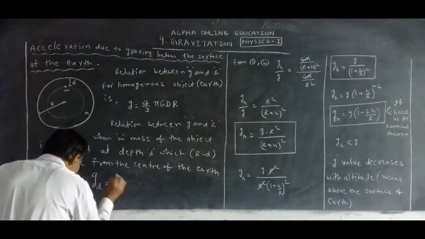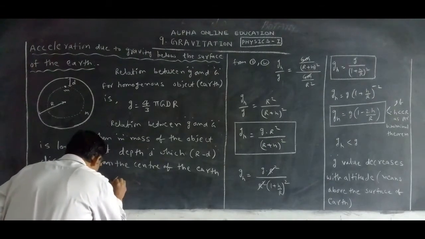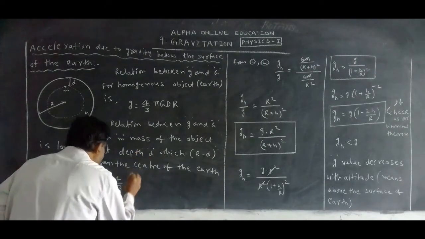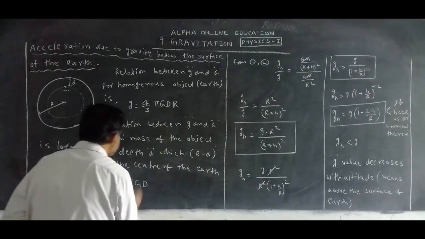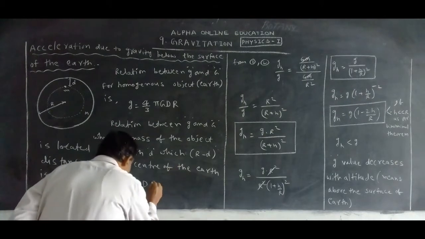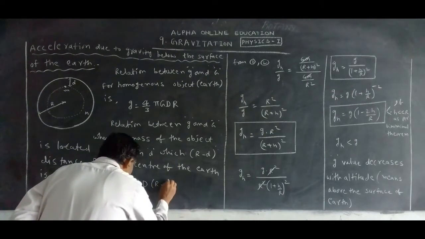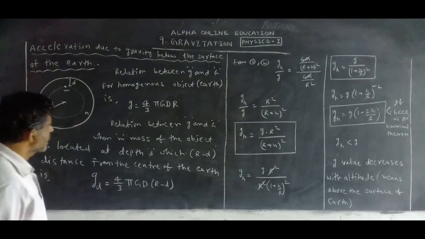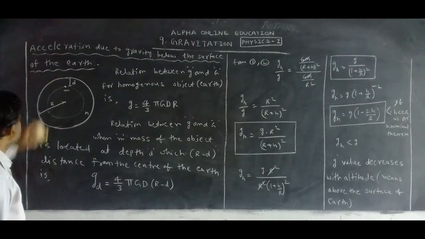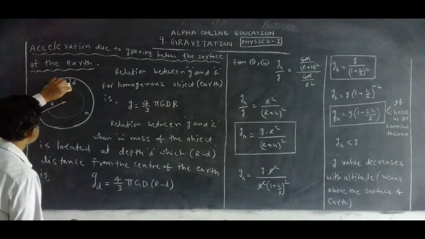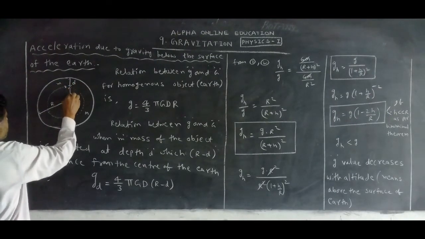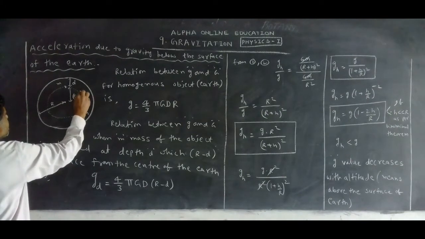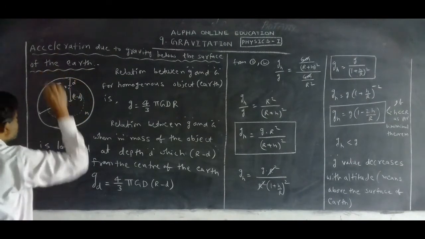g_d is equal to 4 by 3 pi G d, where d is density, but what is the distance now? Here it is R minus d. Okay, this is the m mass of the particle. From here to here it is R minus d, and from here to here it is d.